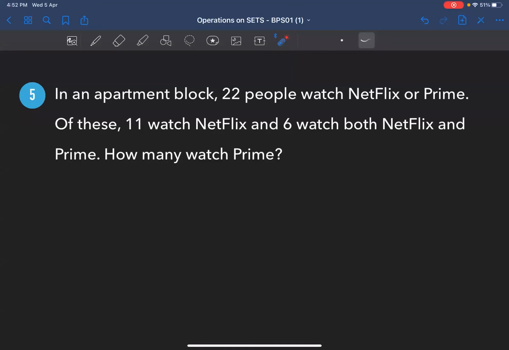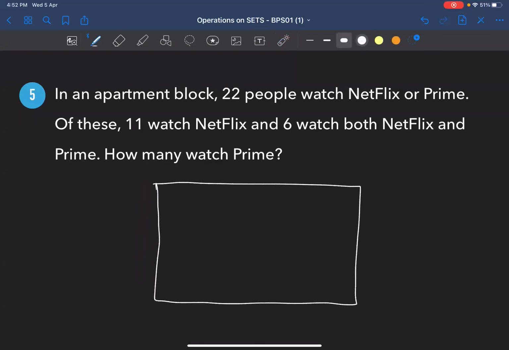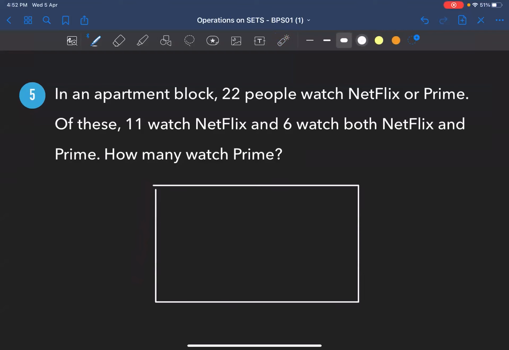Okay, so I think Om is correct. We'll discuss this. See, again, I can have a universal set. This universal set tells us the number of people in the apartment block. So I can have a circle which represents the number of people who watch Netflix, and have an overlapping circle to represent people who watch Prime.